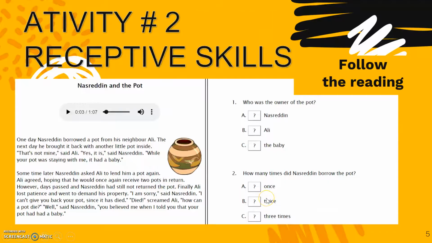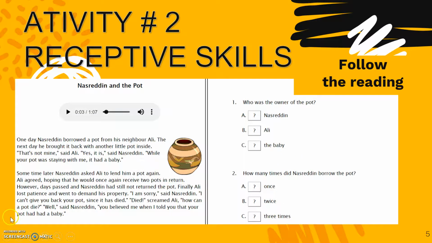Activity number 2 is Follow the Reading, and in this case we give them a piece of paper with a story on it, and we are going to make them listen to the story and read the story at the same time. So with this they are going to be listening and reading, and they also have to analyze the text.